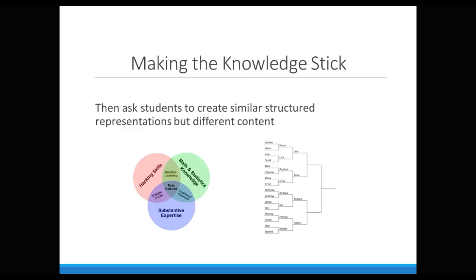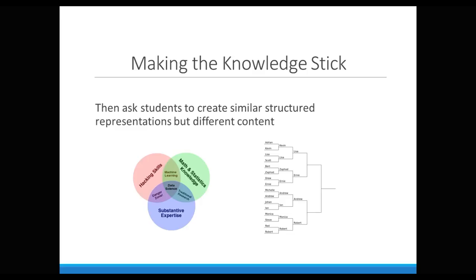if you teach students about the cause and effect of the Revolutionary War, and you do a chart or a flow chart of some sense of the causes and effects of the Revolutionary War, then use that same structure, a flow chart of causes and effects, and have them do that for the Civil War or the Vietnam War.